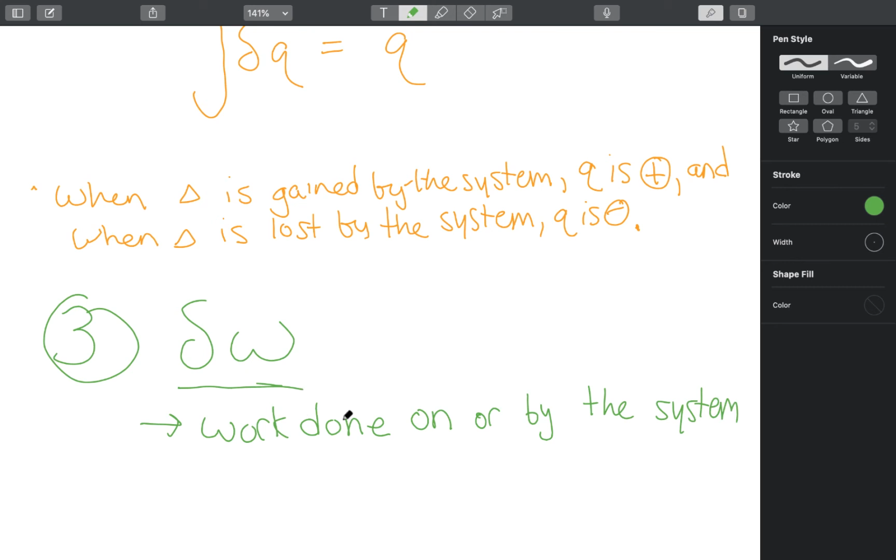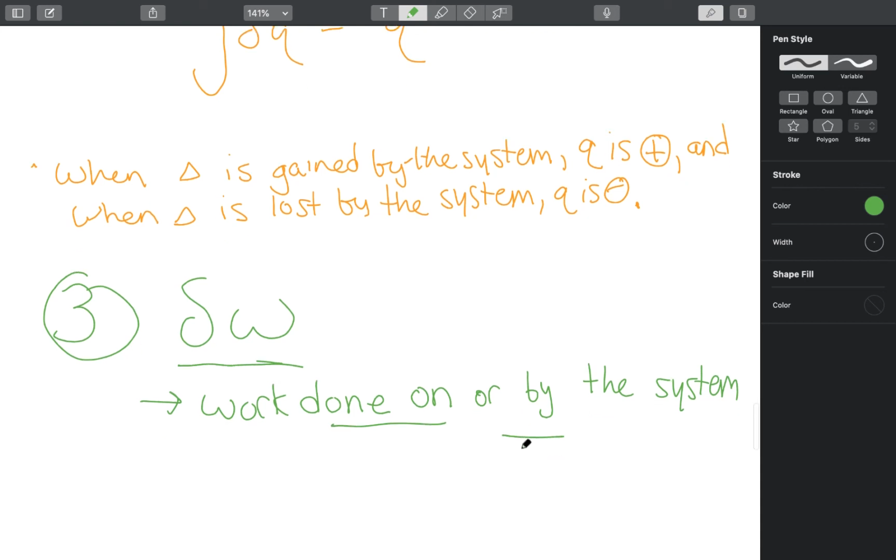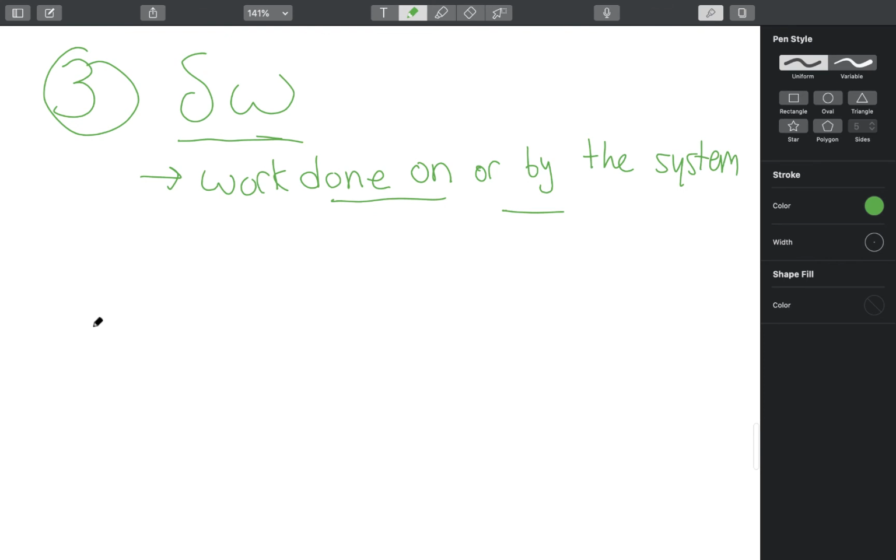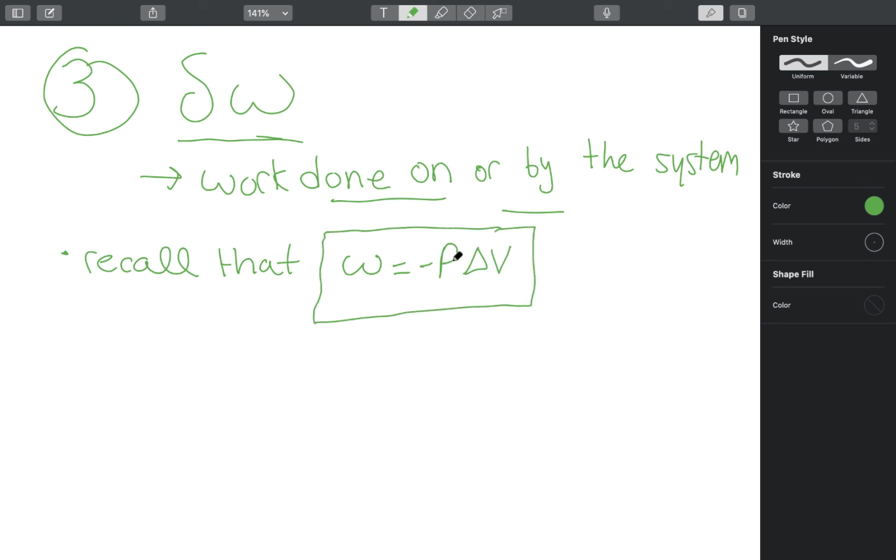So what does done on or done by mean? Let's take a look at this. First recall that work in its integrated form, under constant pressure, is equal to this. If you're confused about that, see the last video. So work is equal to negative P, change in V.